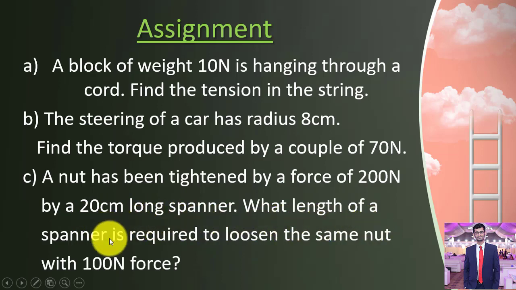What length of a spanner is required to loosen the same nut with 100 Newton force? You can see this numerical is quite identical to numerical 4.9, and you can solve these assignment questions very easily if you understand our today's lesson.